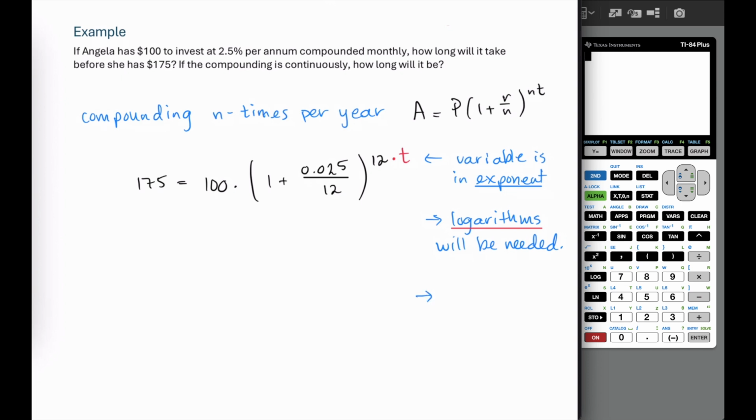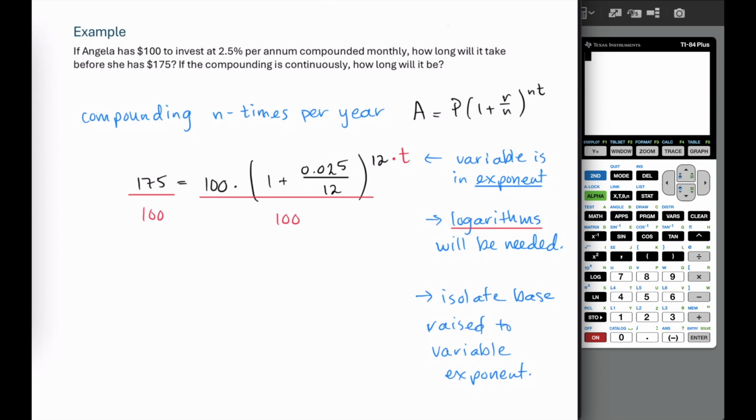So the first thing that we're going to want to do is isolate the base that's being raised to that variable power, which means that our first move is to divide off that factor of 100. So on the left-hand side, we're going to get 1.75. And on the right-hand side, we have 1 plus 0.025 divided by 12, and then that's raised to the 12t.